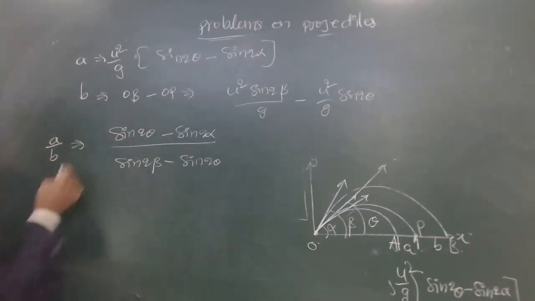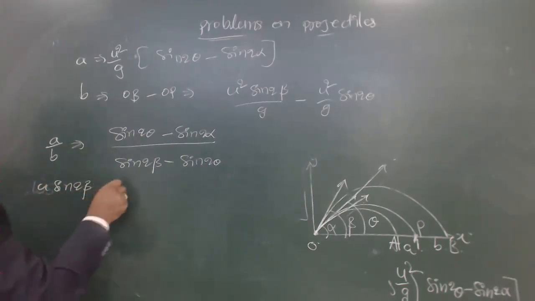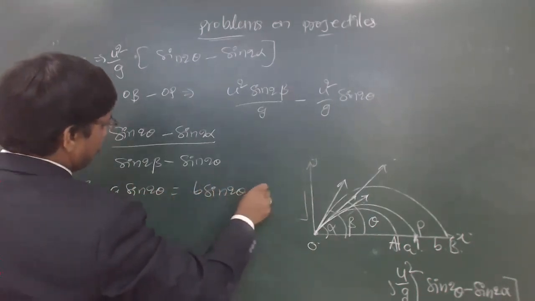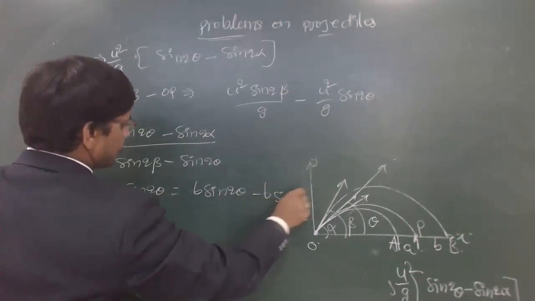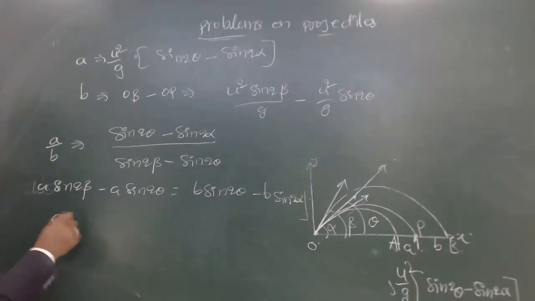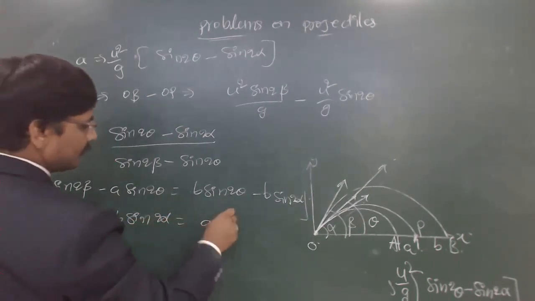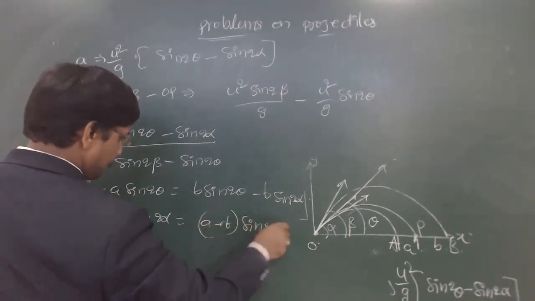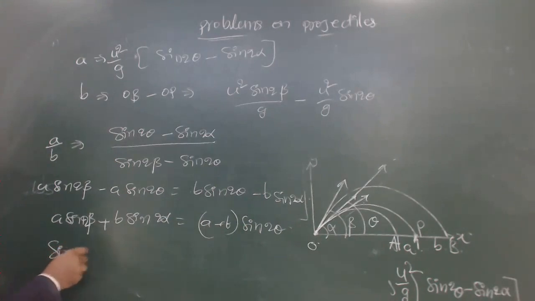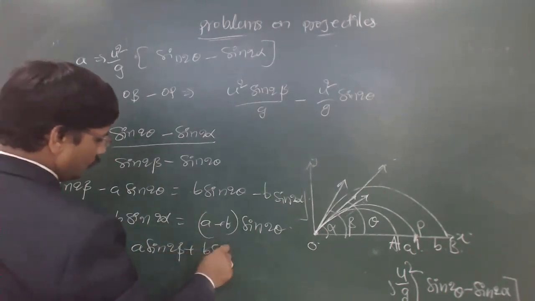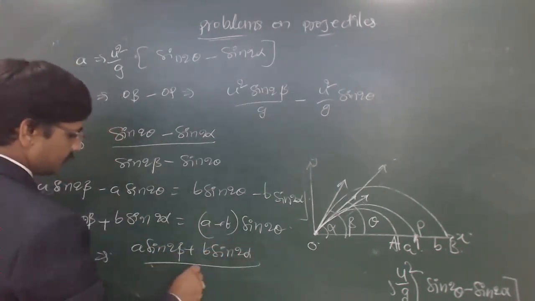So if you take the cross multiplication, A sin 2β minus A sin 2θ equals B sin 2θ minus B sin 2α, or A sin 2β plus B sin 2α equals (A plus B) times sin 2θ, or sin 2θ equals (A sin 2β plus B sin 2α) by (A plus B).